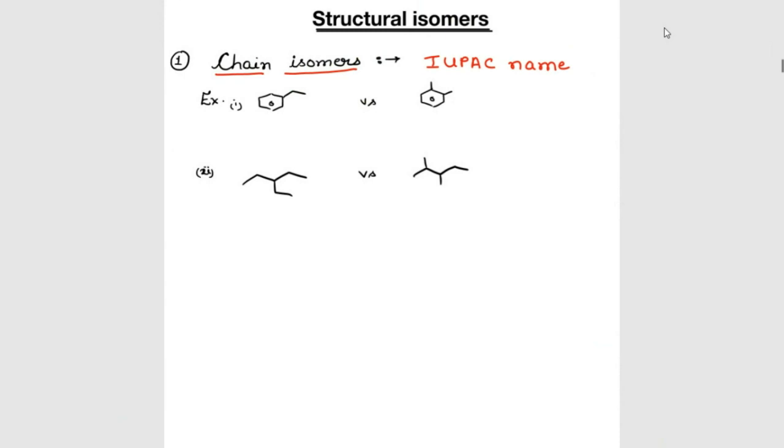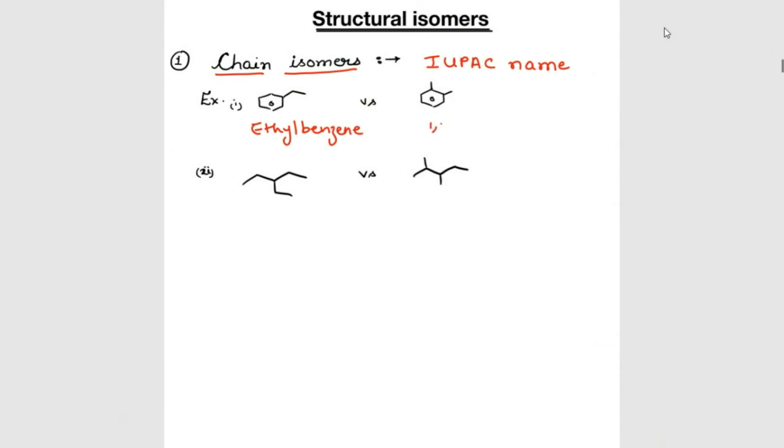Once you assign the IUPAC name, you will immediately come to know whether the set of molecules given in the question have the same functional group or not. That is step number one: assign the IUPAC name and check that the functional group in the given molecules should be same. Second, when you assign the name, say for example here, this is ethylbenzene.